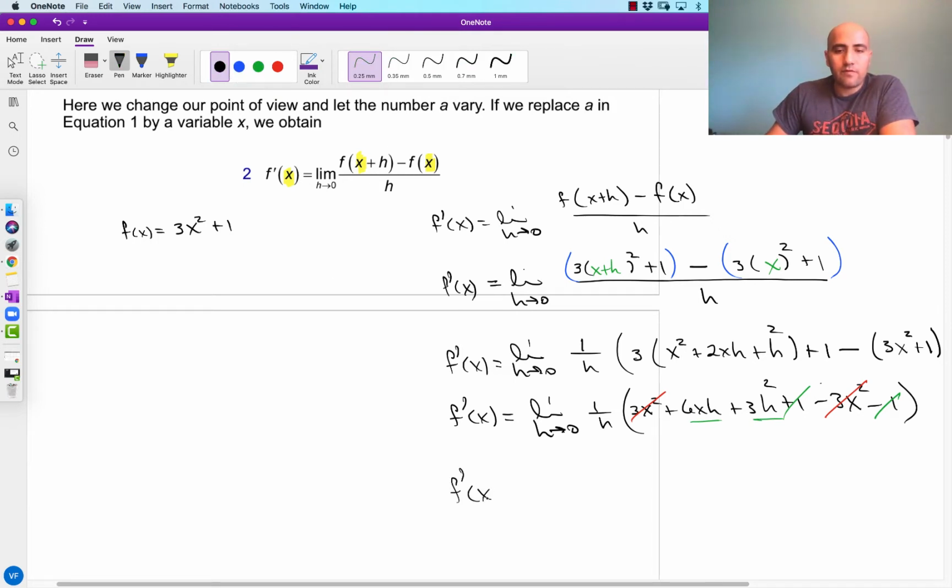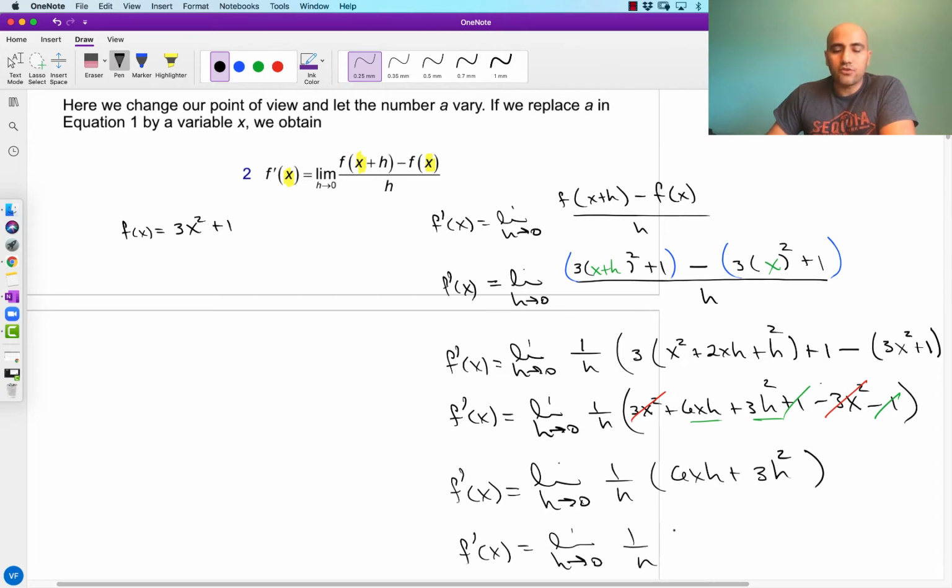So f prime of x equals the limit as h goes to 0 of 1 over h times 6xh plus 3h squared. Okay, so we can factor out an h. So we get f prime of x equals the limit as h goes to 0 of 1 over h, and then if I factor out an h, I'll get an h, and then 6x plus 3h.